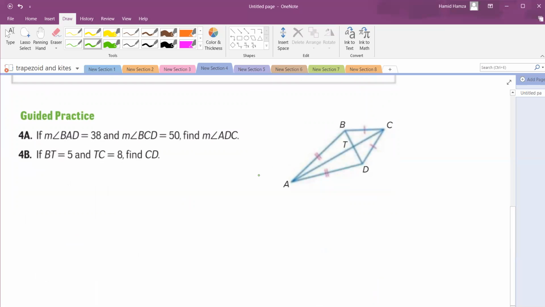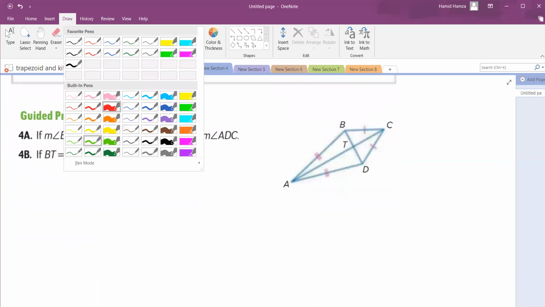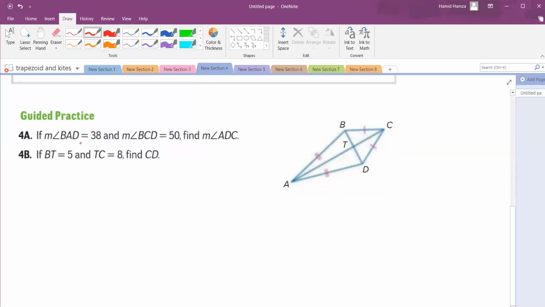In this shape, the measure of angle BAD equals 38. So this angle is 38 degrees. And the measure of angle BCD equals 50.